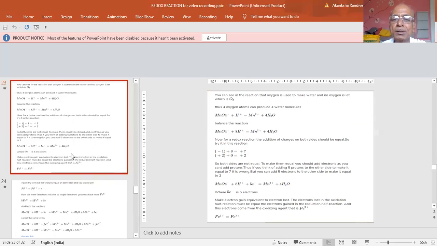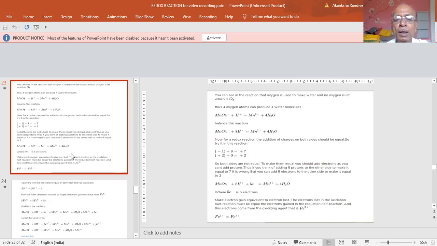Now for a redox reaction, the total charges on both sides should be equal, so the charges are to be balanced. Now it is -1 charge plus 8, that gives +7, and +2 charge plus 0 gives +2.